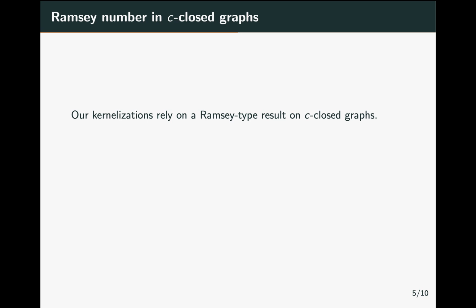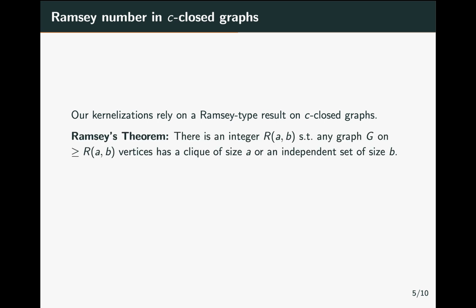Before I move on to dominating set, let me briefly mention our main technical lemma, which is a Ramsey-type result on C-closed graphs. Ramsey's theorem says that if a graph is sufficiently large, it's going to have either a clique of size A or an independent set of size B. Let's call such a bound R(A,B).